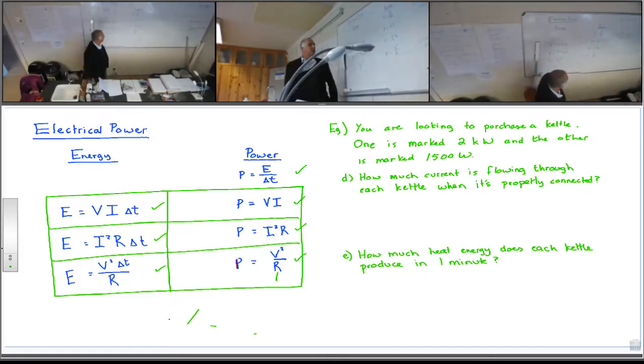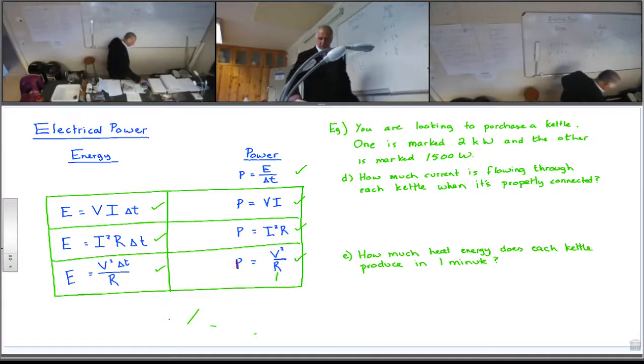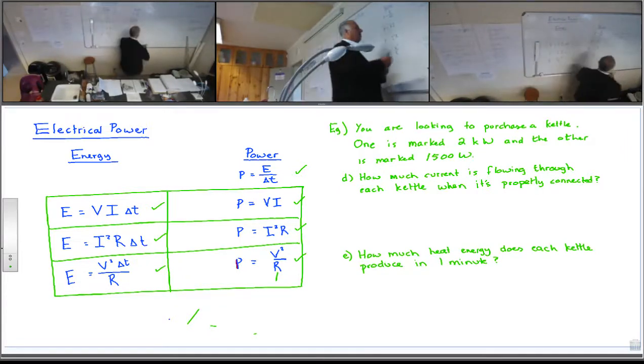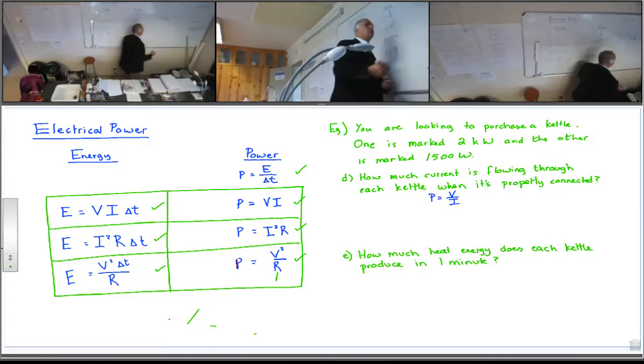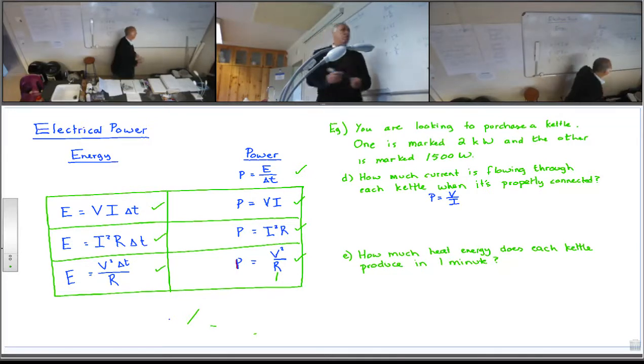Right, which formula are you going to use? They're all P. For D, yes, P equals VI. That makes sense. You could use either one of them, no problem.